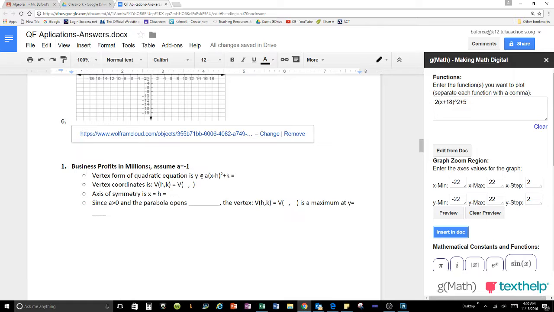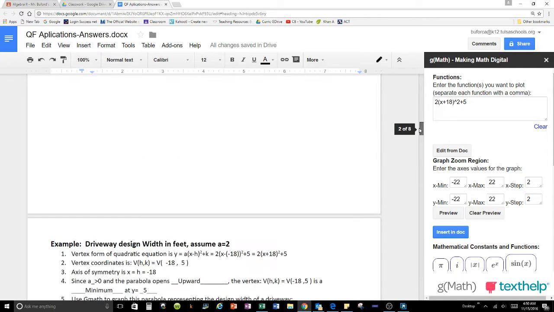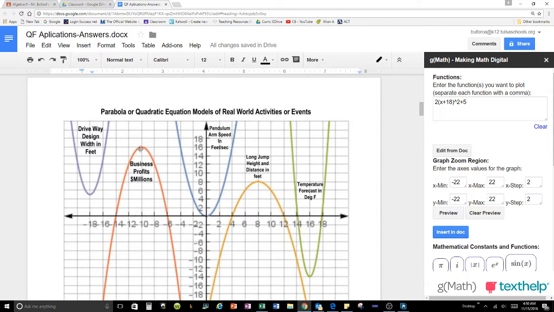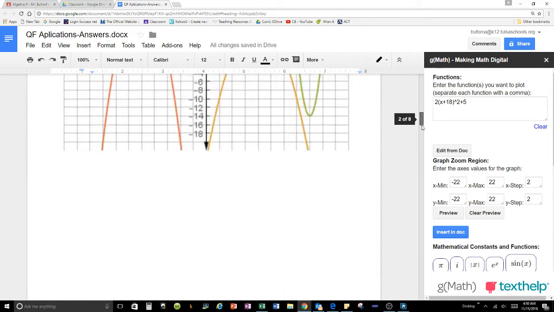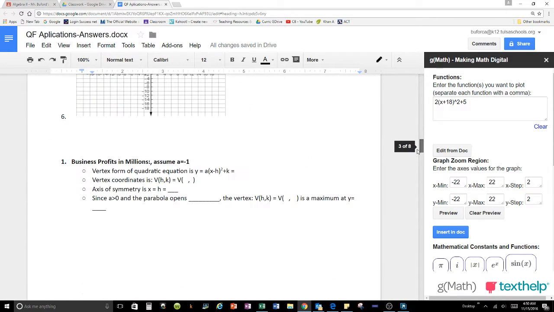So H is -10 and K is 16, and our A is a -1. And since A is a -1, this means that our parabola is going to fold downward, which means that our vertex is going to be at the top of the parabola. As you can see here, the vertex at the top of the parabola. That means our vertex is going to be a maximum.